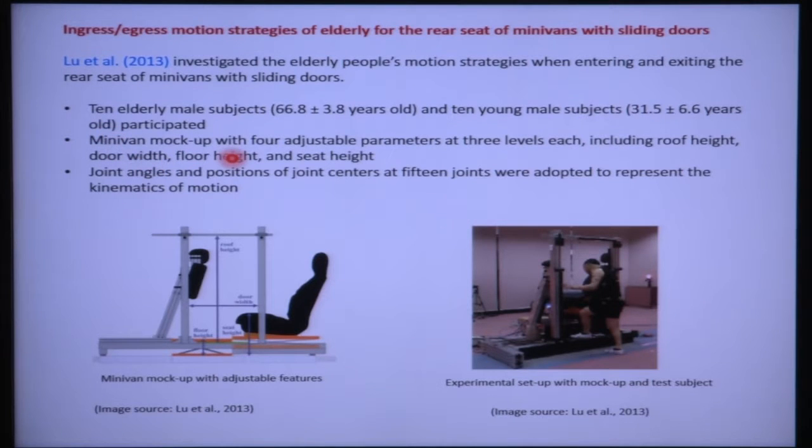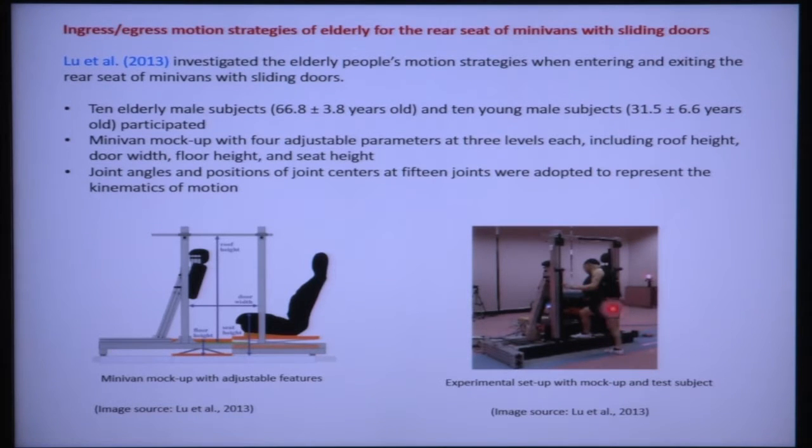So, a minivan mock-up with 4 adjustable parameters at 3 levels each, including roof height, door height, floor height and seat height. So, these 4 variables they considered, and they made all these things adjustable at 3 different levels.